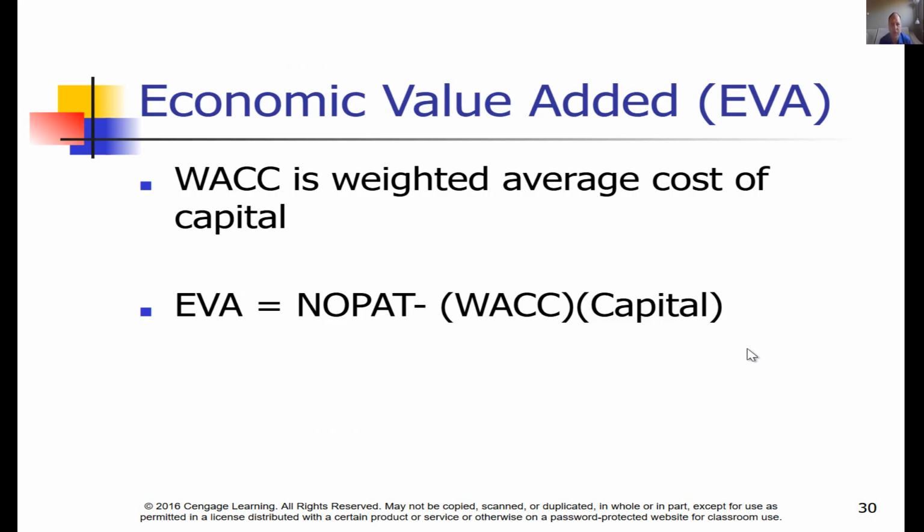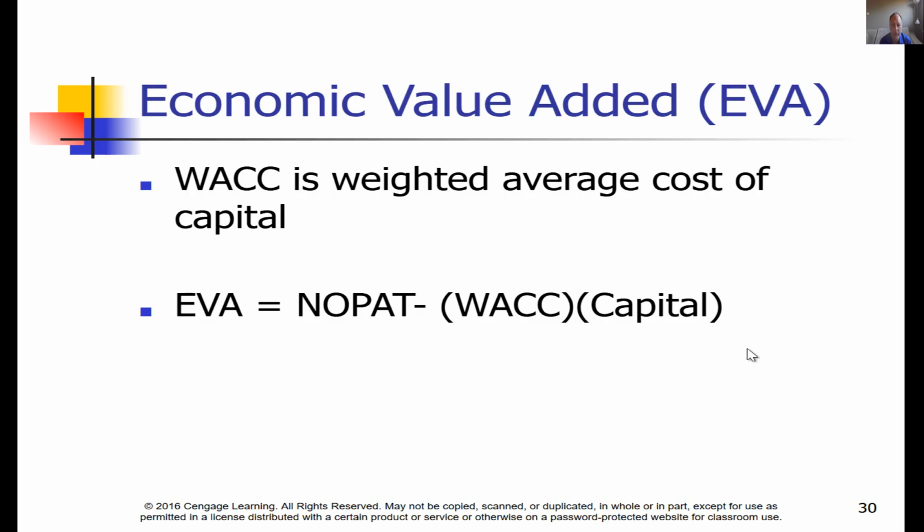Another measurement of company performance is economic value added, or NOPAT minus WACC times capital. So NOPAT is again net operating profit after taxes. That will be in dollars. WACC is a percent or a fractional rate of return. Capital is in dollars what you have invested.